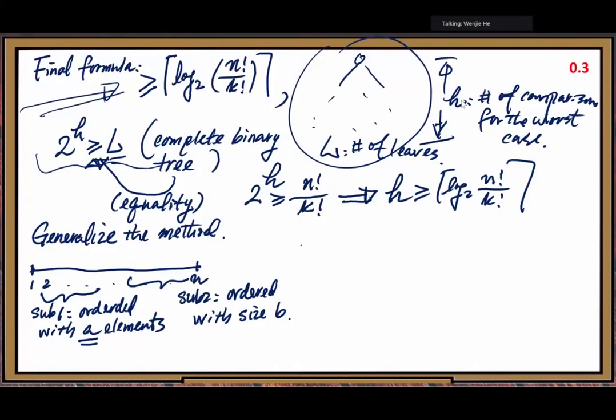In this case, the lower bound formula becomes, you can do it by analogy, log base 2, n factorial, with denominator A factorial times B factorial.